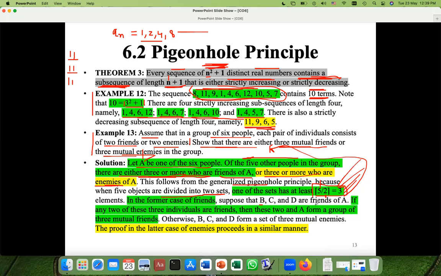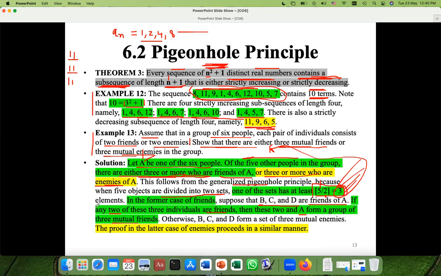Then we are supposing that these 3 are B, C, and D, and that they are the friends of A. If from these 3, B, C, D, any 2 of them are friends, then those 2 and A itself will form a group of 3 mutual friends.